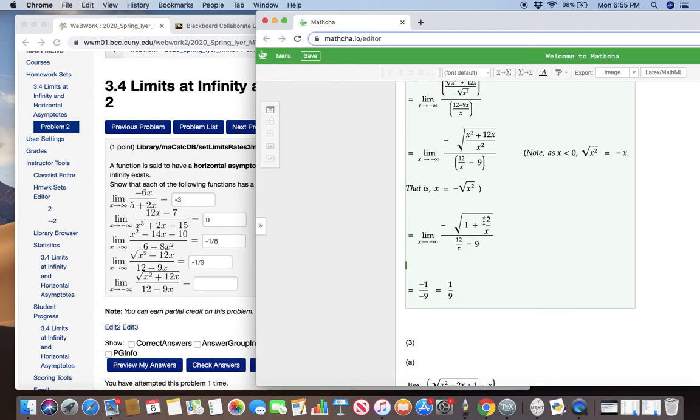I still get a 0 here, and I still get a 0 here. 1 and negative 9 are unaffected. So negative square root of 1 is negative 1 upstairs and negative 9 downstairs. The square root of 1 is 1, but a negative outside survives. So overall, it's positive 1 over 9.